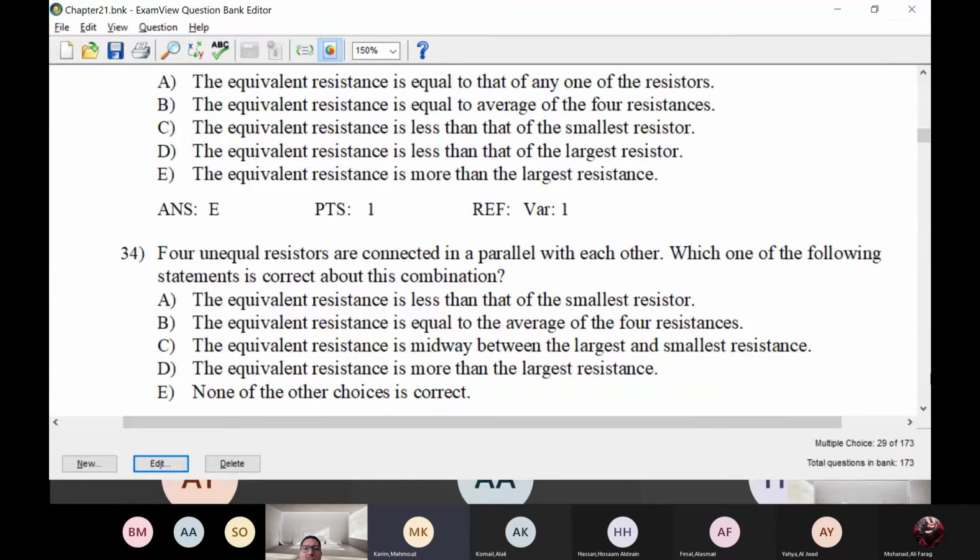Is it B, that the equivalent is equal to the average of the 4 resistances? You said B. The equivalent resistor is equal? No. Oh, they're unequal. And they are in parallel. It's the opposite of question 33.